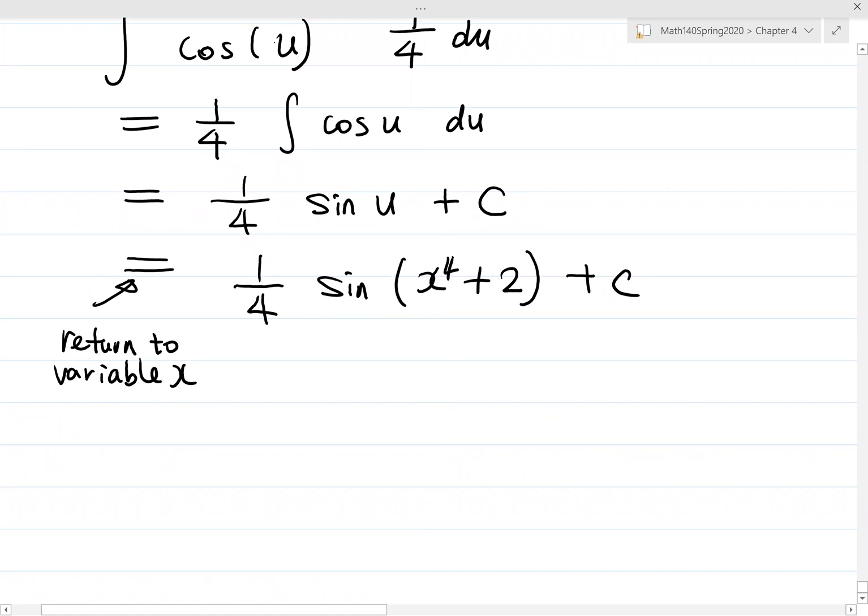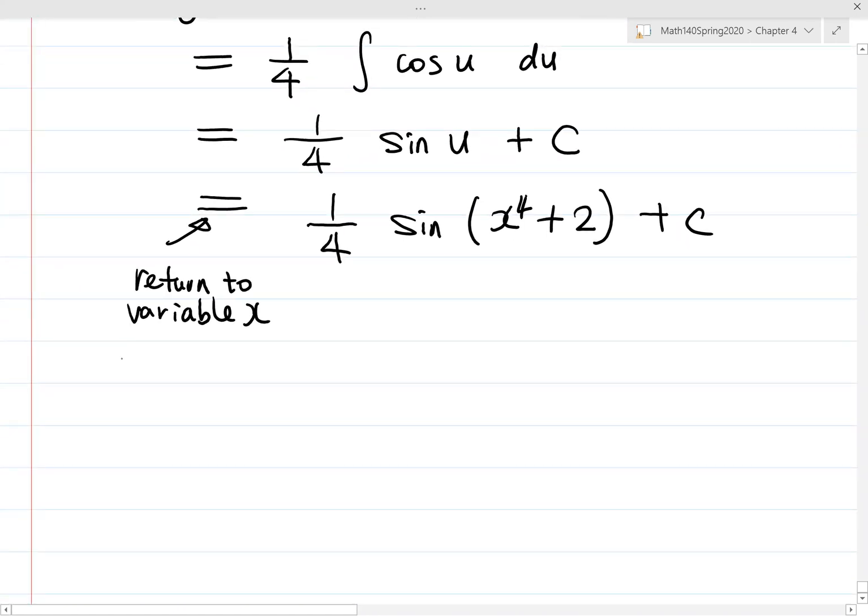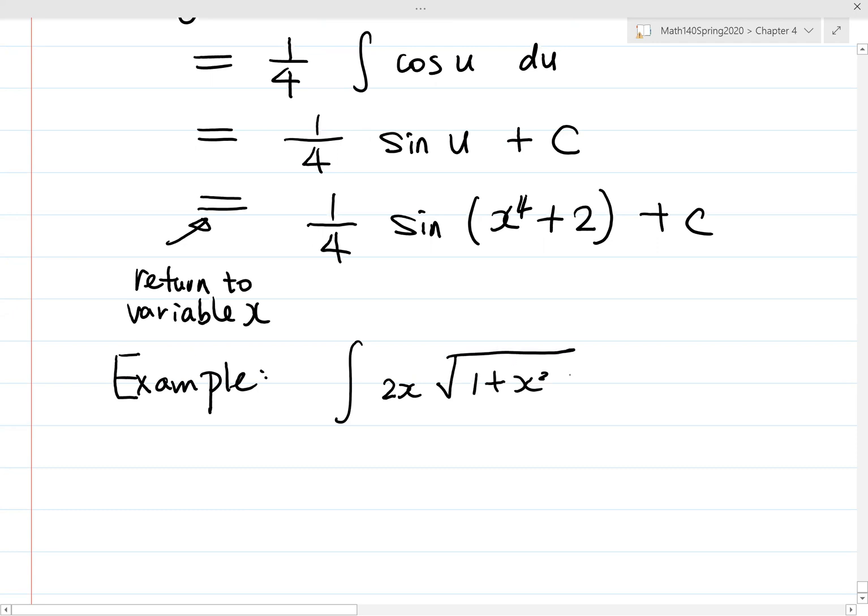Okay, more examples. Let's see this example: the integral of 2x times the square root of 1 plus x squared dx. At first sight, this function is not in the antiderivative table, so we will try to use the substitution rule.